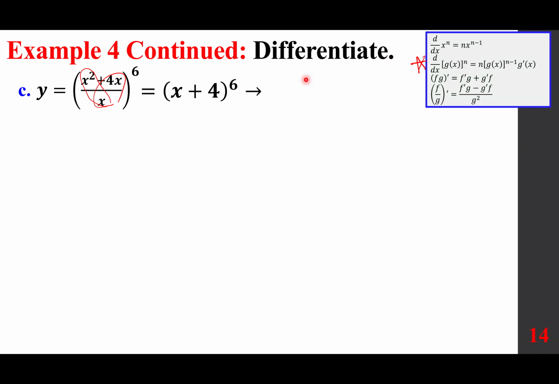The number n, 6, sits in front, g of x, meaning the same thing, to the power of n minus 1, 5. And then the derivative of the inside, although it's 1, I like to write it because sometimes it's not. And of course, we are done. 6 times x plus 4 to the power of 5.